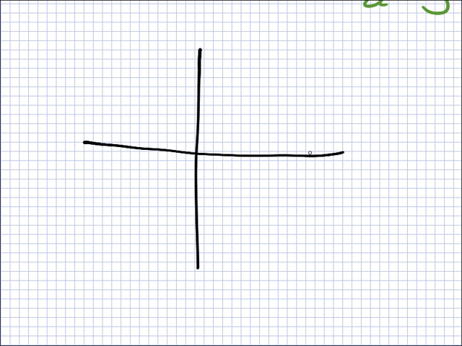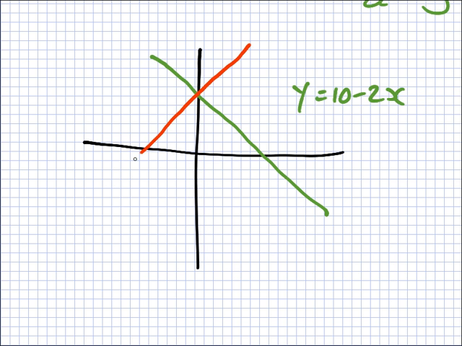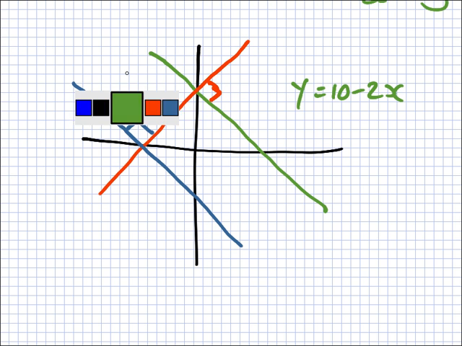So, what was it? It looks like I gave you this green line here, which was y equals 10x minus 2. And then I had a red line which was perpendicular, and then a blue line here, like that, which was perpendicular, and I wanted the blue line, wasn't it?